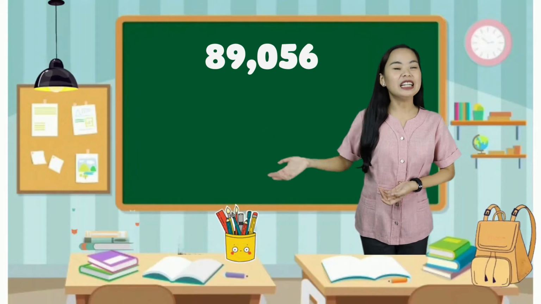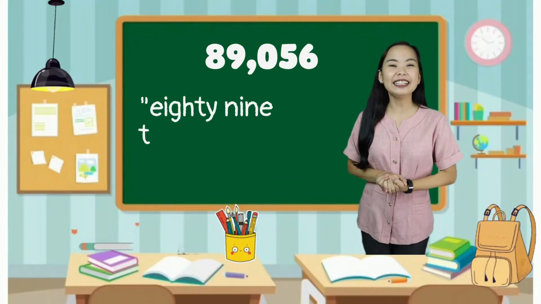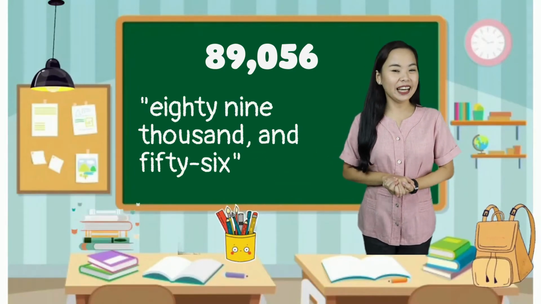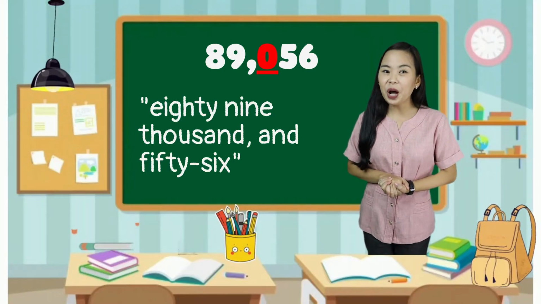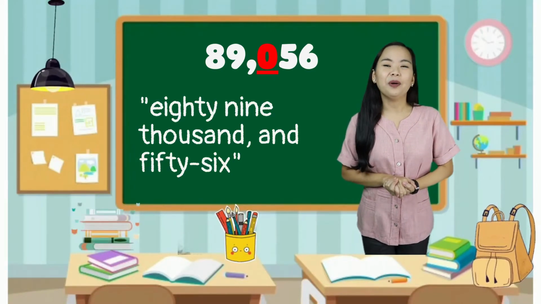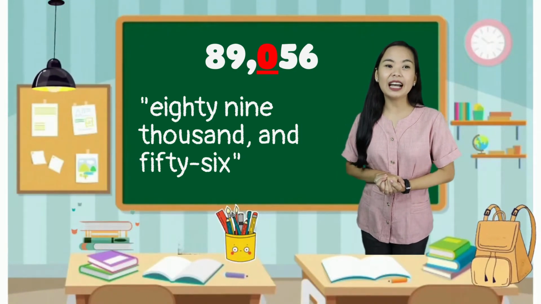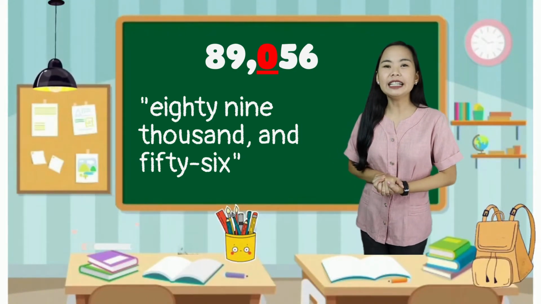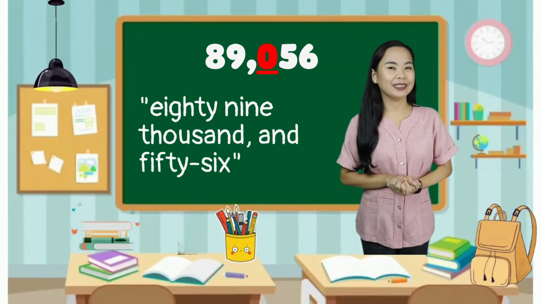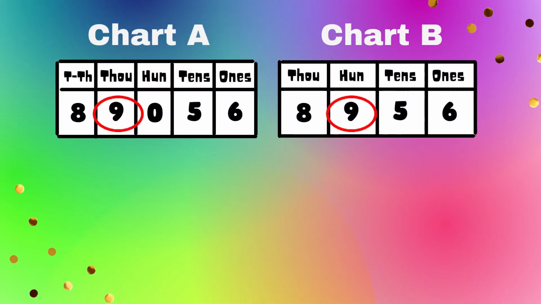This number is read as 89,056. Have you noticed the number 0? What is its place value? How important is the number 0 in the place value? The digit 0 is an important placeholder in a number.